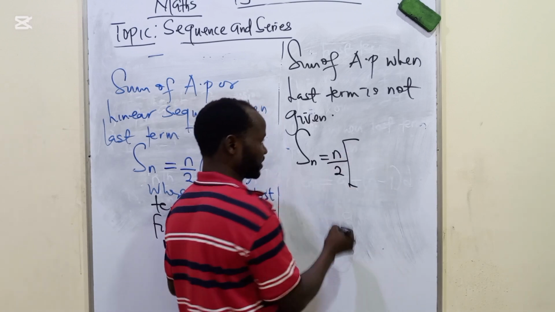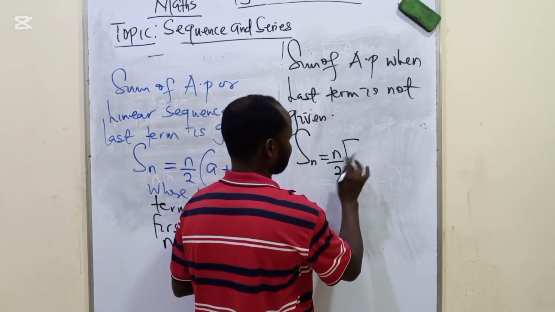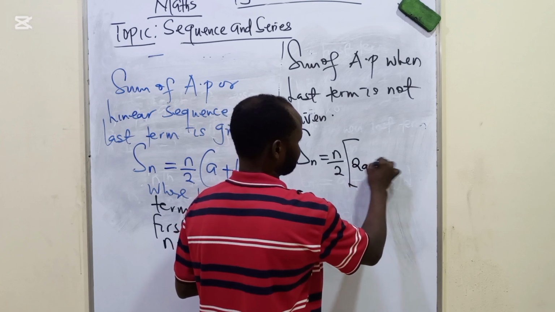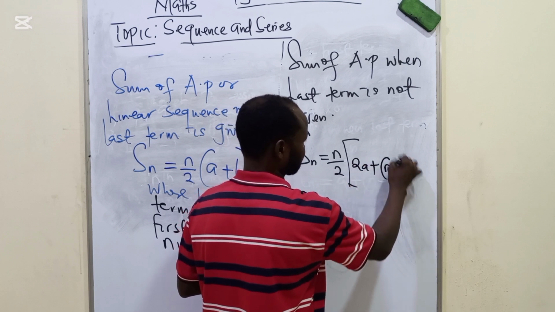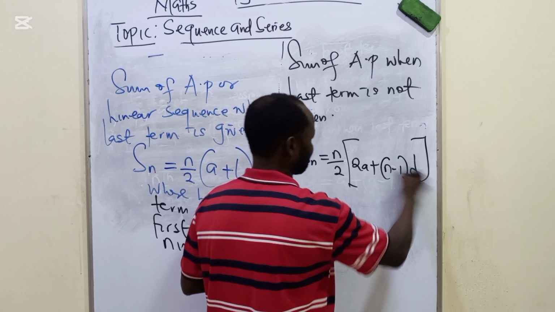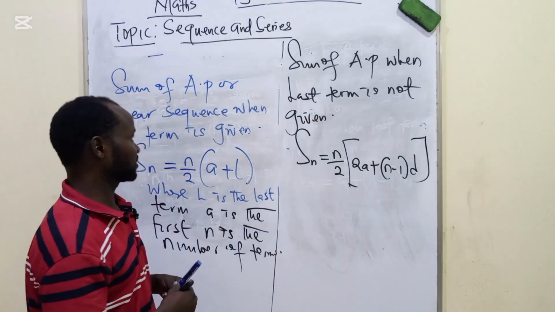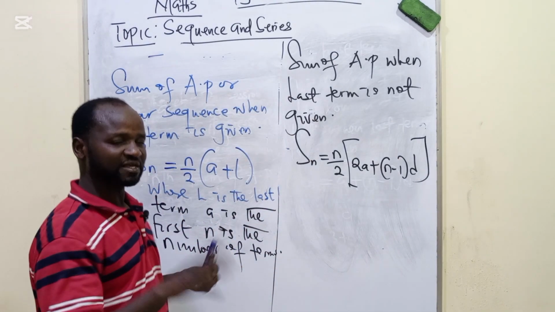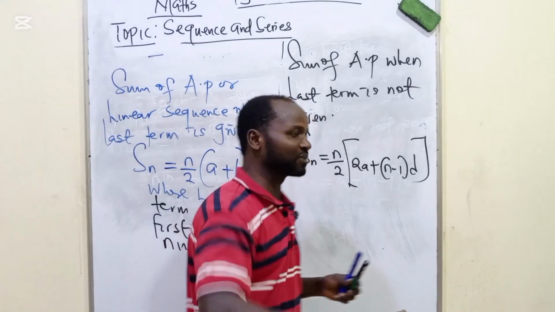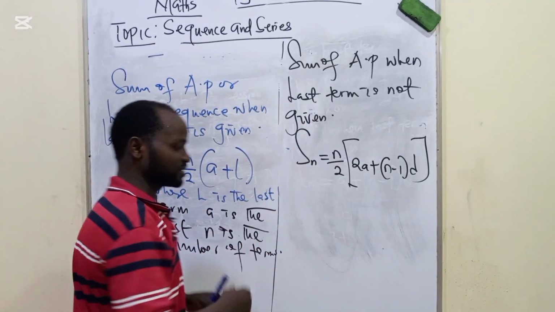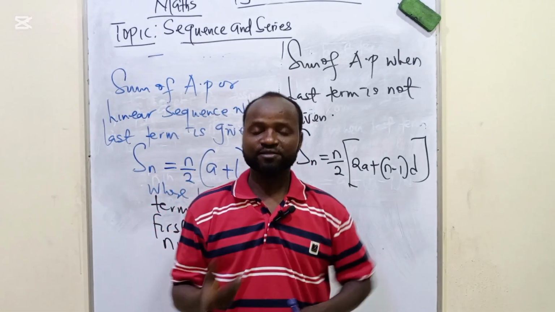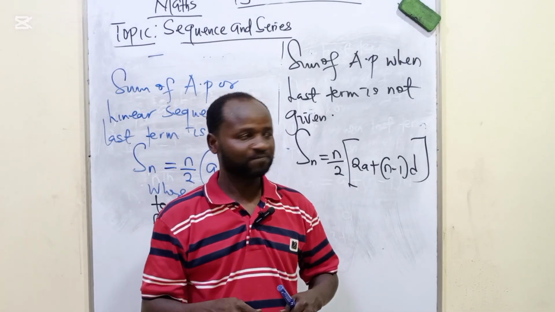We have our square bracket, 2a plus another bracket open, n minus 1, close the bracket, multiplied by the common difference. Very important formula. So we have basically 4 key formulas as far as arithmetic progression or linear sequence is concerned.